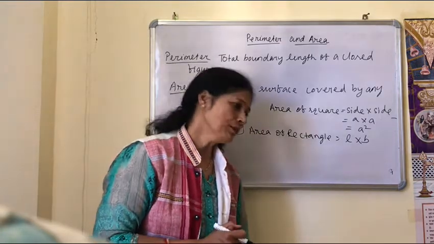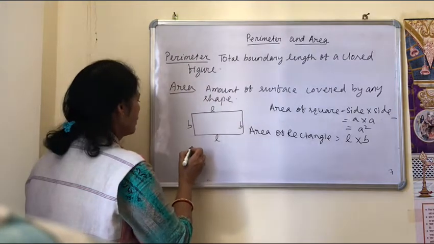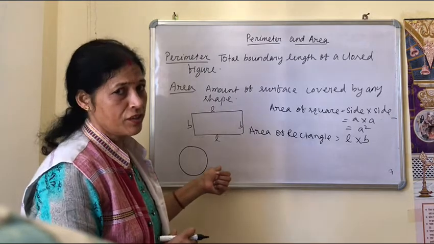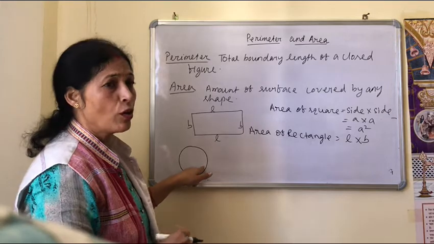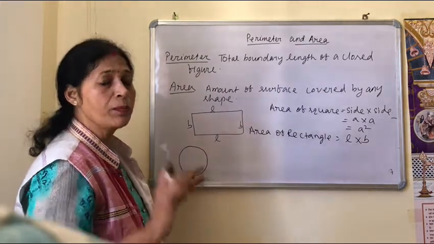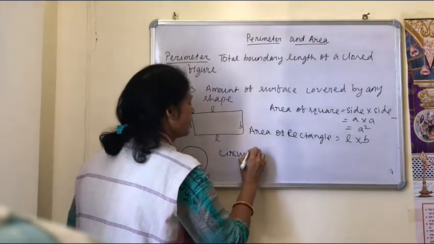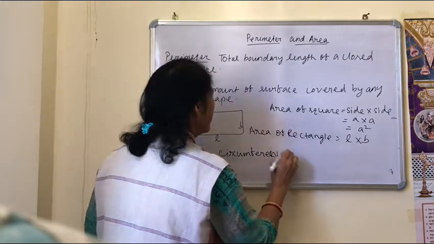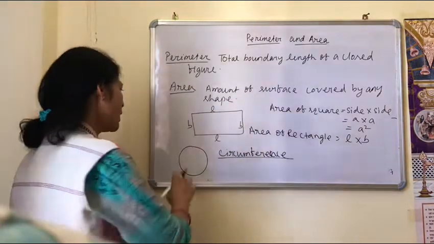Now, this is the shape of a circle. So what is its perimeter? What do you call the perimeter of the circle? It is called circumference. Circumference means the total boundary length of the figure.